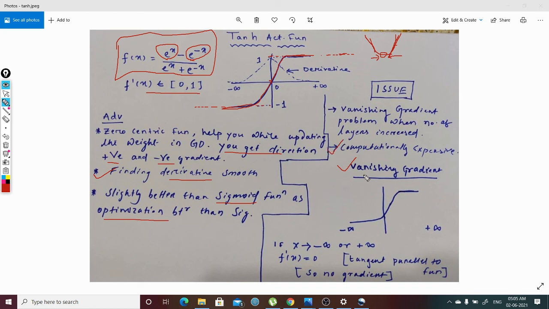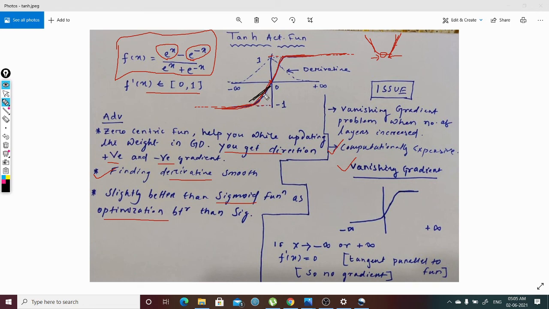Okay, so let's discuss how the vanishing gradient occurs in both the sigmoid function and tanh. Suppose we consider this particular function graph for tanh. If your x is very much negative or very much positive, a larger value of x, versus if your value is nearer to 0, then you can find the tangent.